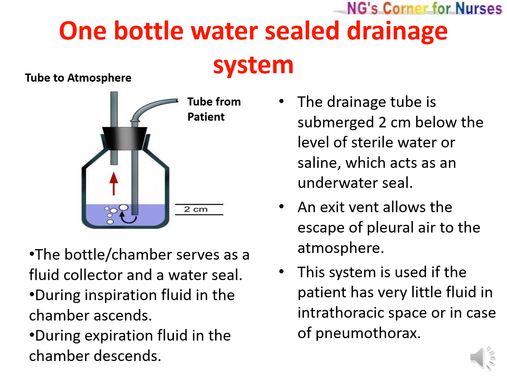The drainage tube is submerged 2 cm below the level of sterile water or saline, which acts as an underwater seal. An exit vent allows the escape of pleural air to the atmosphere, that is the tube to atmosphere. And this system is used if the patient has very little fluid in intrathoracic space or in case of pneumothorax.